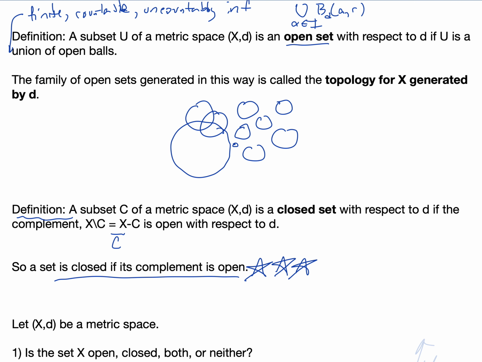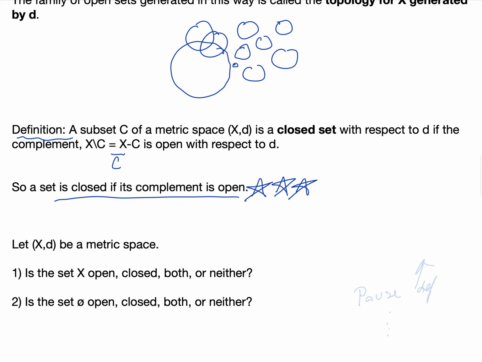So here are a couple of examples. Let (X, d) just be a general metric space. In that case, is the whole set X open? Is it closed? Is it both open and closed, or is it neither open nor closed?